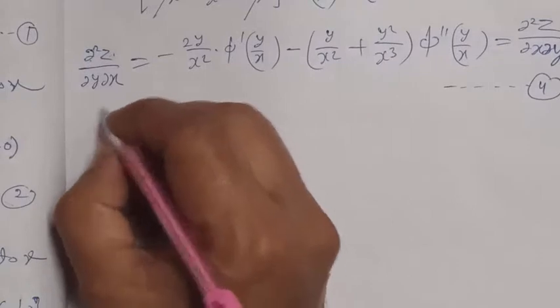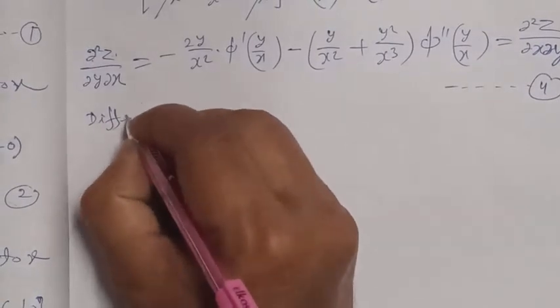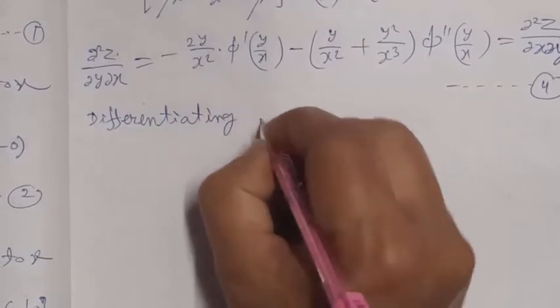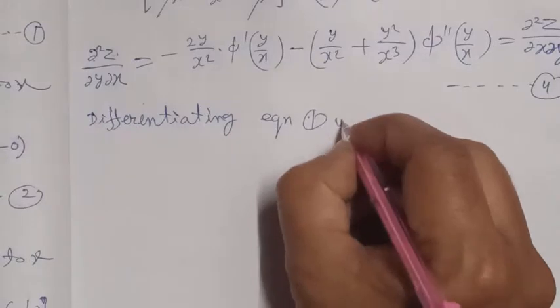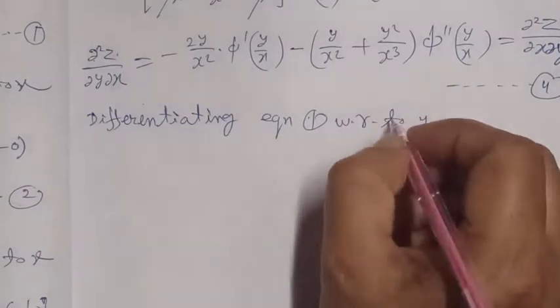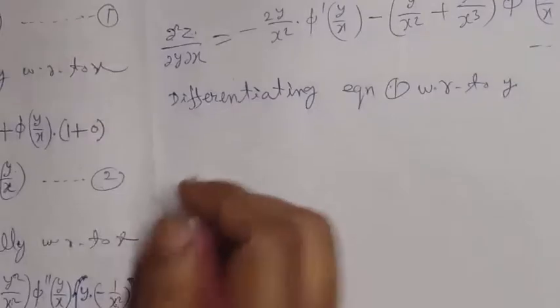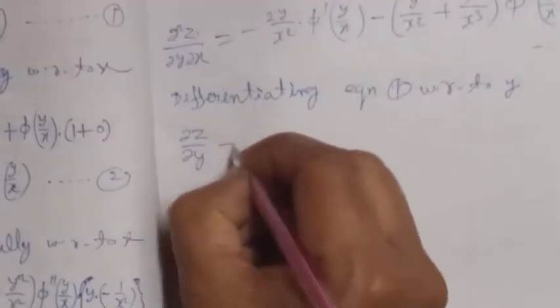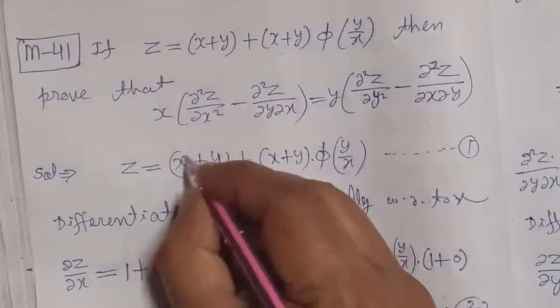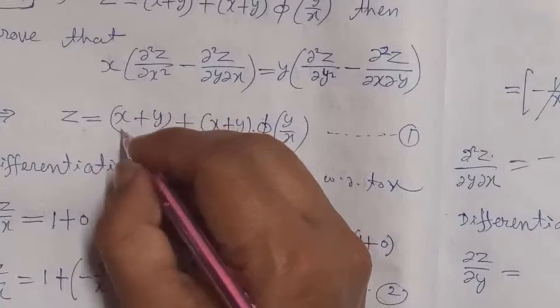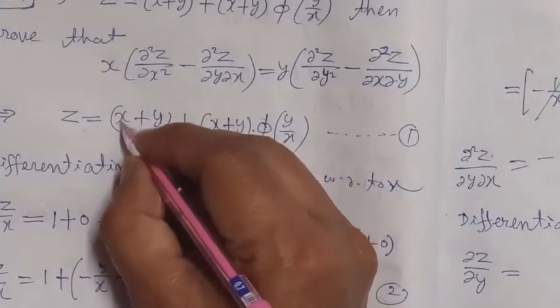So I write: differentiating equation 1 with respect to y. On differentiating equation 1, on the left hand side we get only del z over del y. On the right hand side, for y, x is constant because it is partial differentiation, so differentiation of a constant is 0, and differentiation of y is equal to 1.